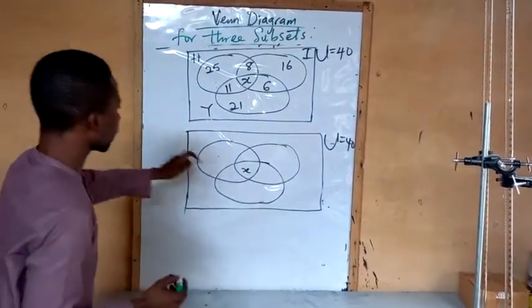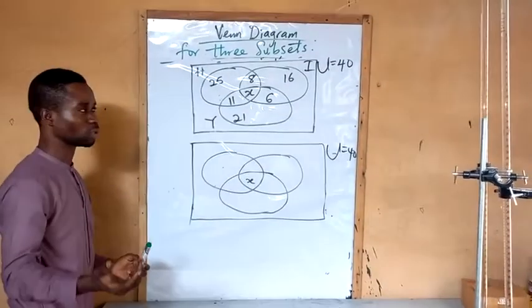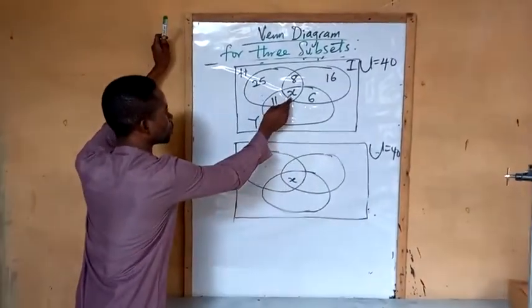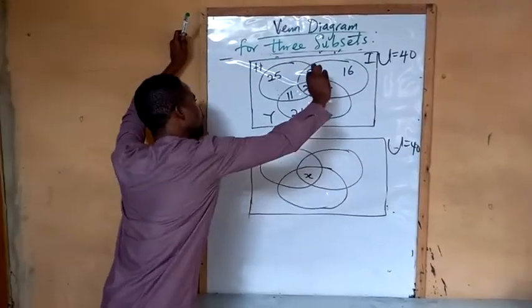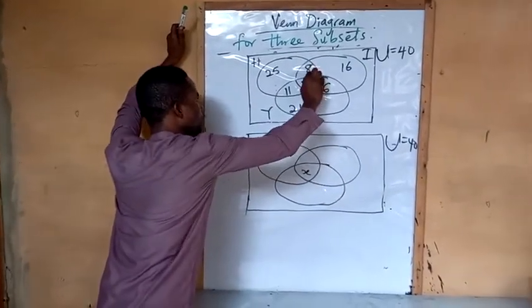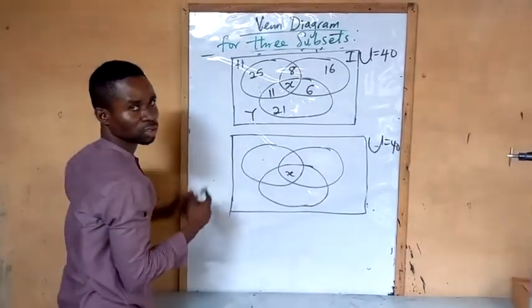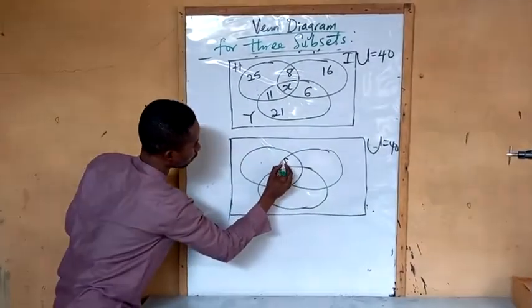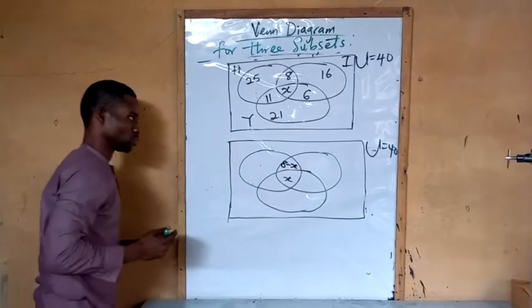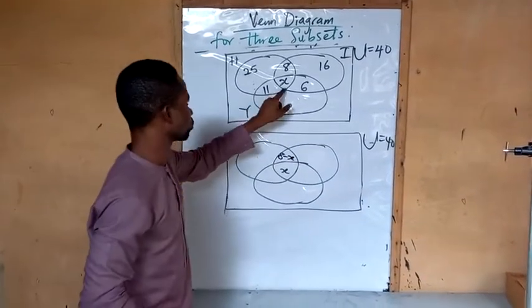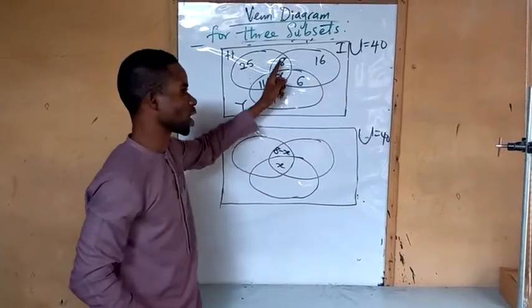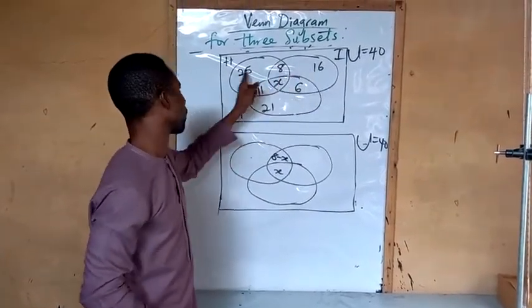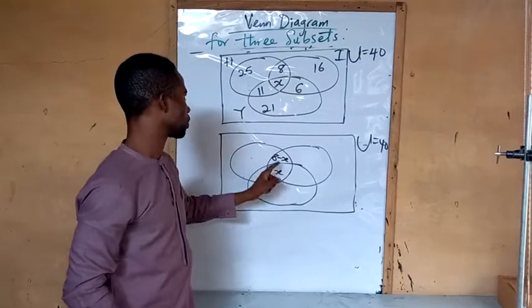For the first one, I have to subtract what is here from here to have Hausa and Igbo only. That means X is here, so here will be 8 minus X. You have to remove X from Hausa and Igbo for us to have Hausa and Igbo only. That's why we have 8 minus X.